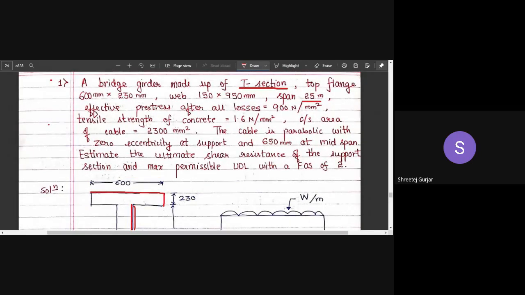Effective pre-stress after all losses is 900 Newton per mm squared. Can you tell me the notation that we use for this? How do we represent effective pre-stress after all the losses? F something subscript.